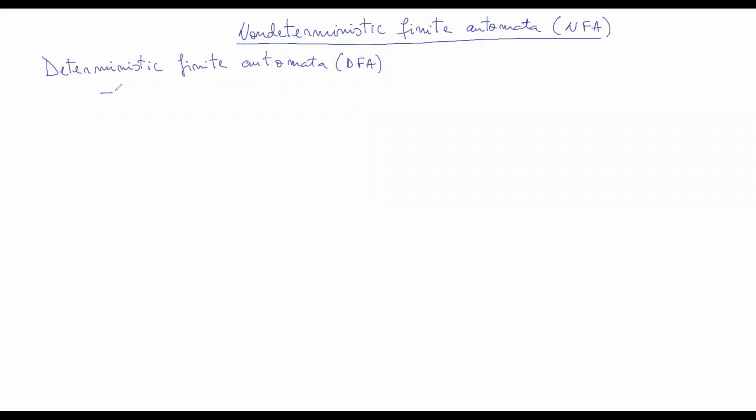I argue that there are essentially two key ingredients in the definition of deterministic finite automata. One of them is that they have to read the input letter by letter.